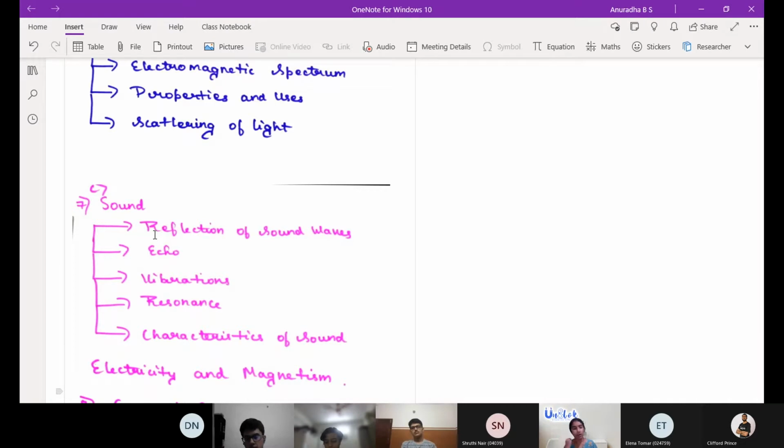So sound always needs a material or a particle. There should be a material medium for the sound to travel. You would have wondered how astronauts talk in space, even though there is no matter in space, it's completely a vacuum.